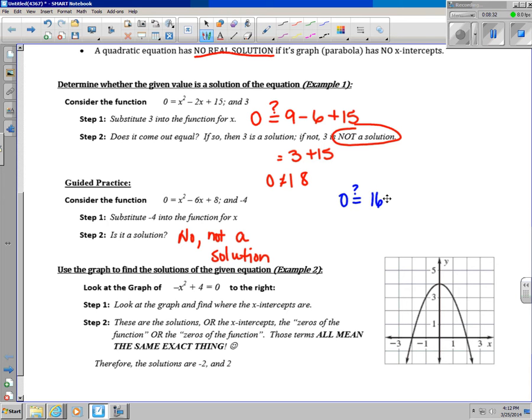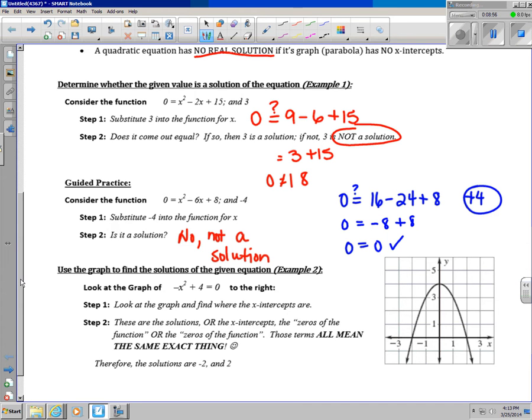Negative 6 times positive 4 is negative 24, plus 8. So 16 minus 24 is negative 8, and negative 8 plus 8 is 0. So positive 4 is a solution.